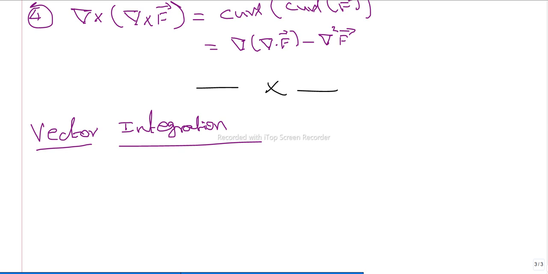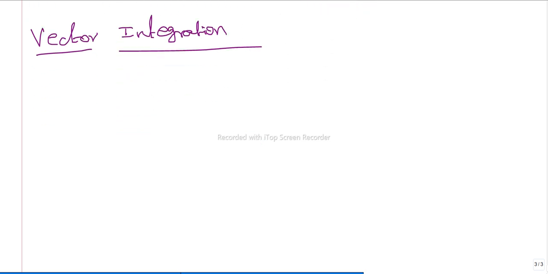Okay. So suppose we have two vector point functions, small f and capital F, and we know about the derivative, right?